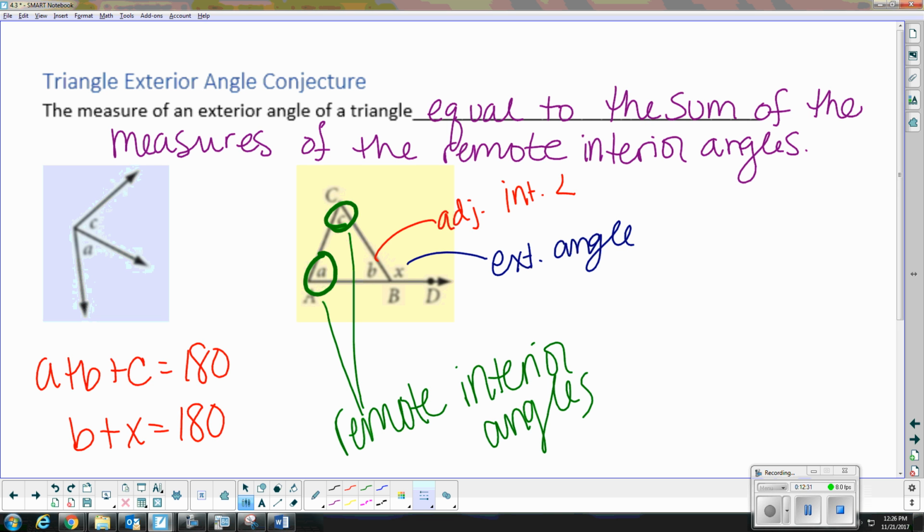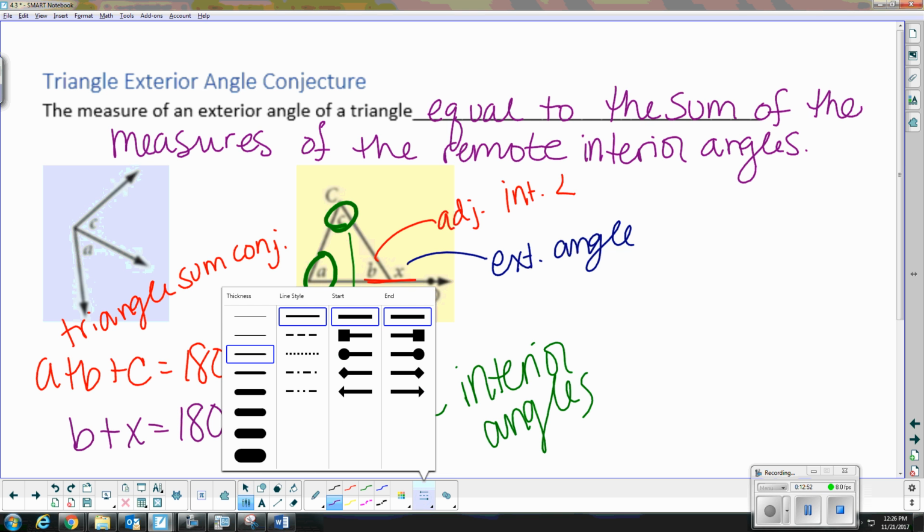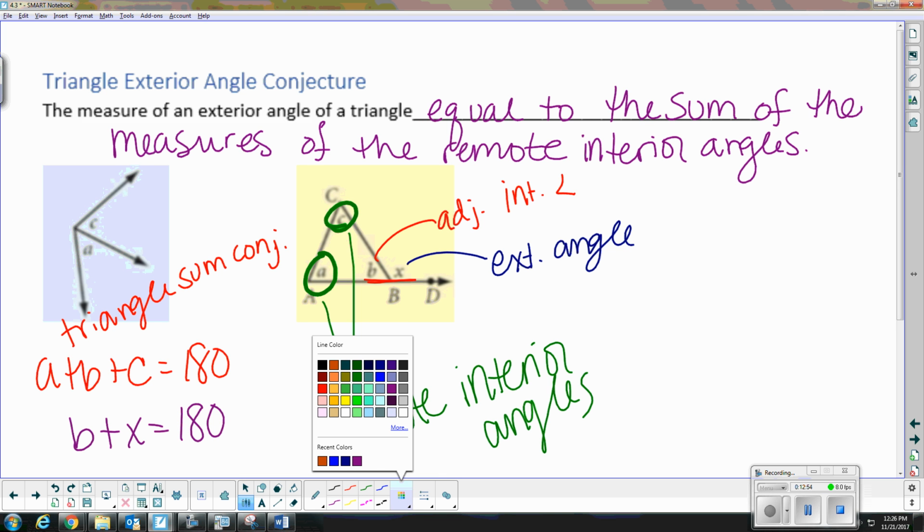We know this is true because of the linear pair conjecture. So this is the triangle sum conjecture, and this is our linear pair conjecture.